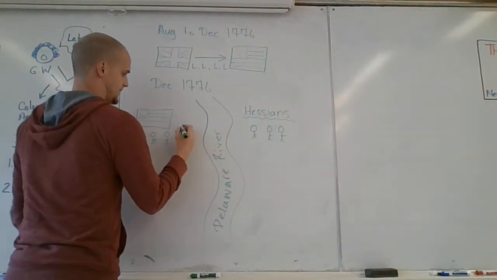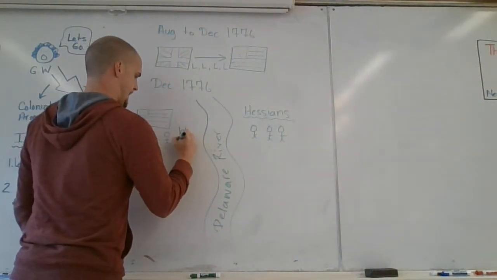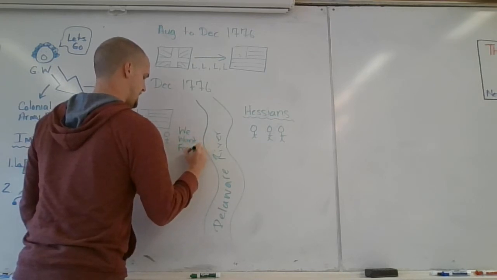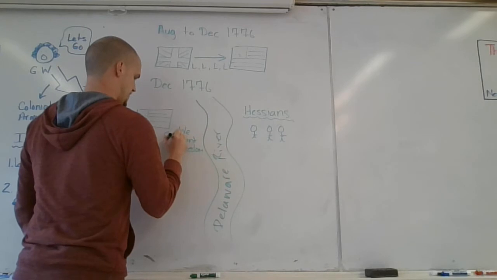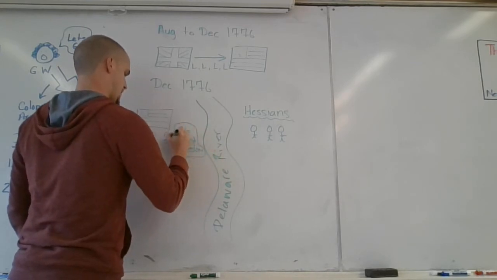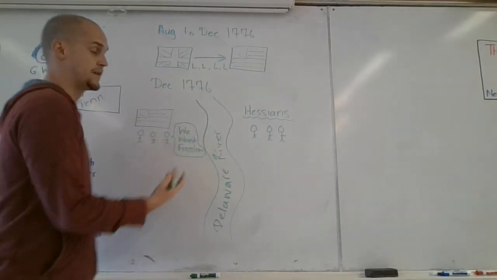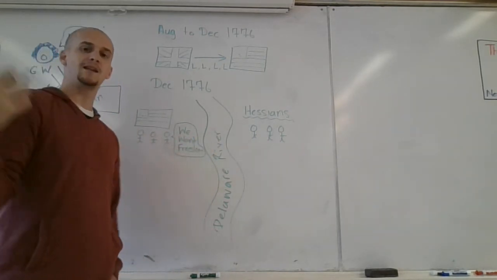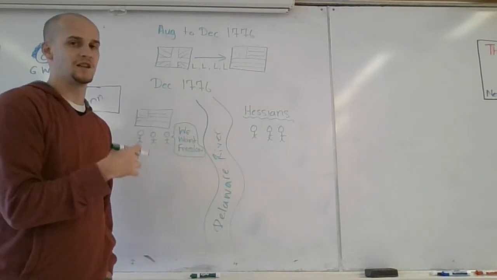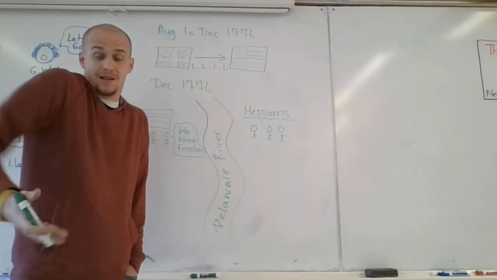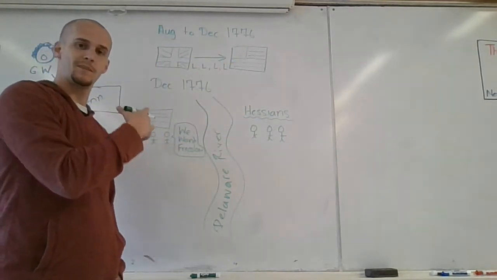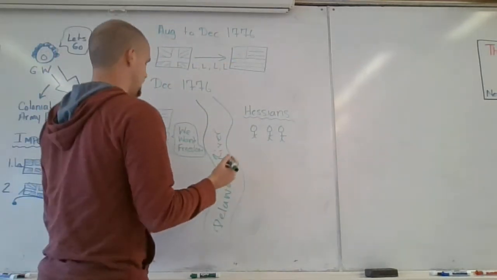And so they're fighting because they want their freedom. The Hessians are paid mercenaries. They are paid by the British to fight in this war. They're actually German. So the outcome of this war doesn't necessarily affect them back home. And so they are simply fighting for money.